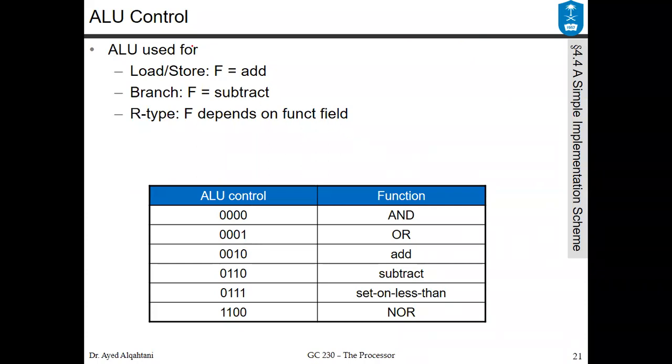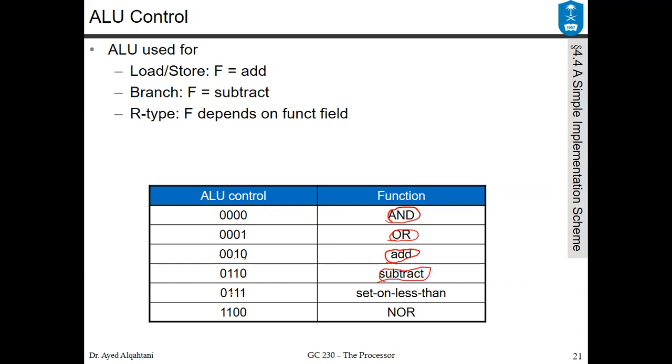So in the ALU control, those 4 bits, if they are zeros, then you are doing an AND. If they are 1, 0, 0, 0, then you are doing an OR. Your instruction is an OR instruction. If it is 0, 1, 0, 0, then you are doing an add instruction. If it is 0, 1, 1, 0, then you are doing a subtract.